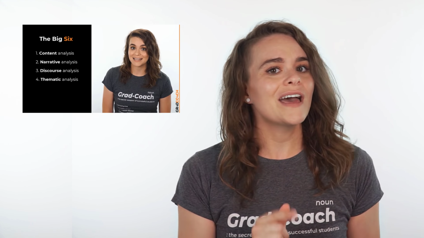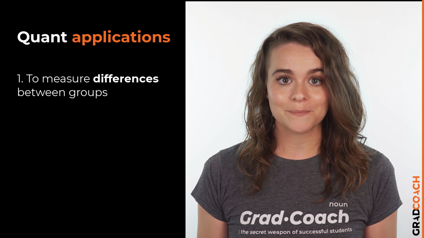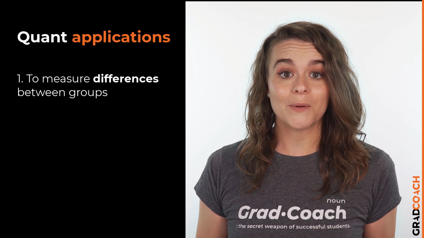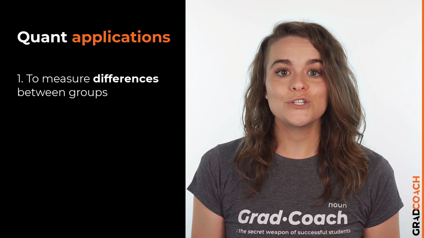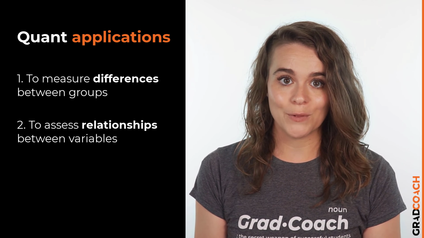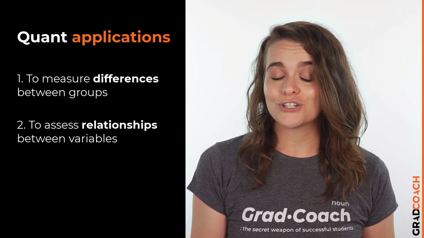So, the next logical question is, what is quantitative analysis used for? Well, quantitative analysis is generally used for three purposes. First, it's used to measure differences between groups. For example, average height differences between different groups of people. Second, it's used to assess relationships between variables. For example, the relationship between weather temperature and voter turnout.